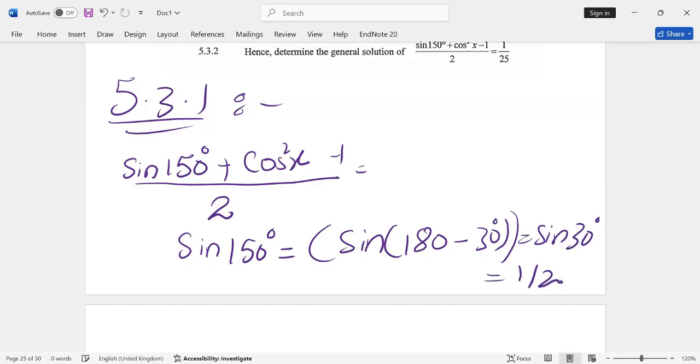So instead of sine 150, I can put 1 by 2, and I'm writing plus cos square x minus 1 by 2.